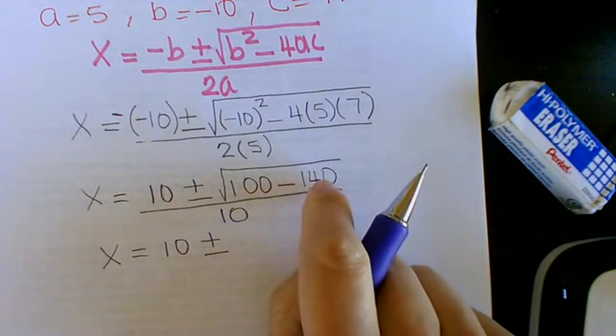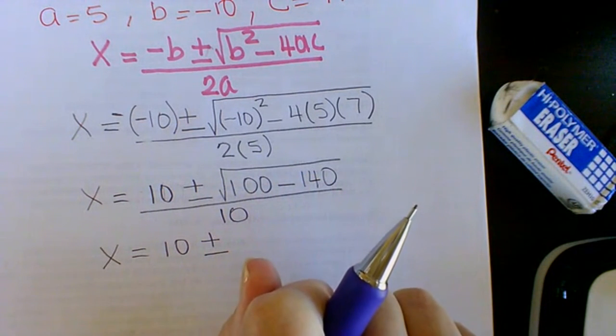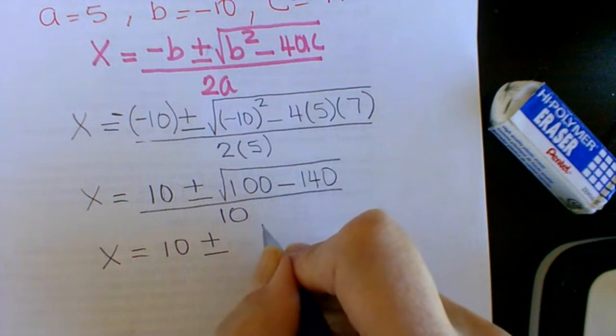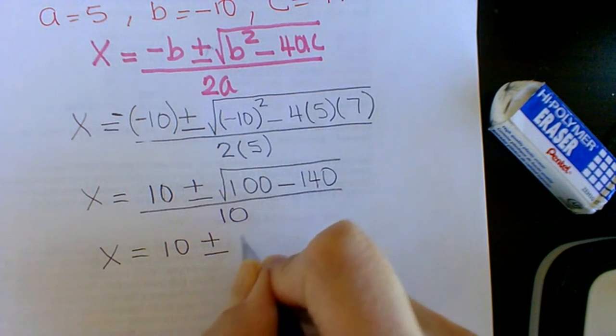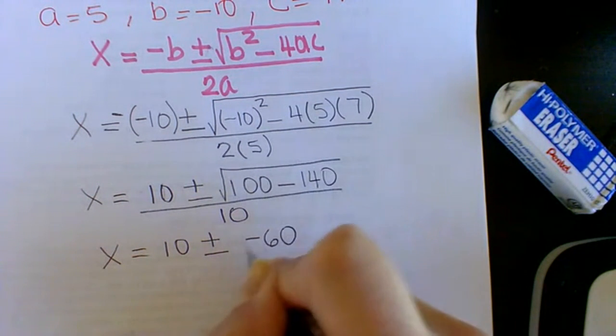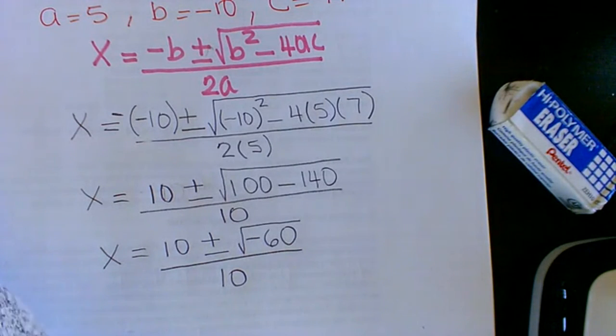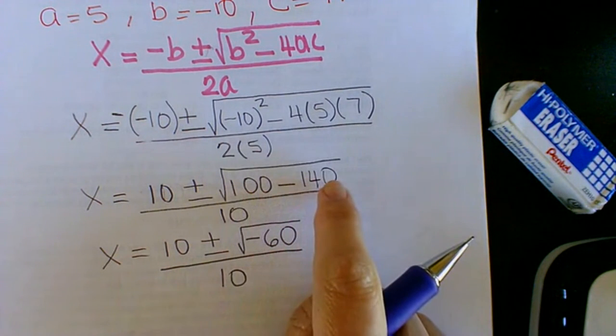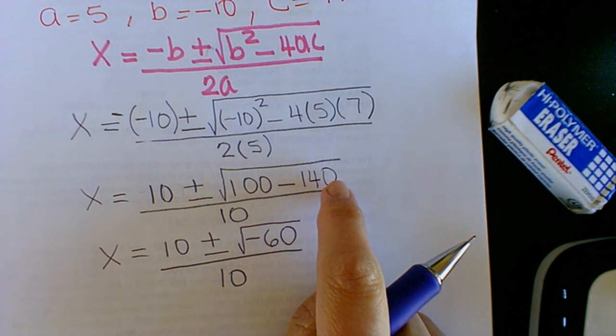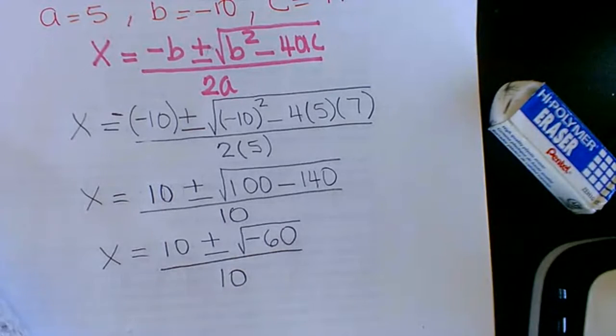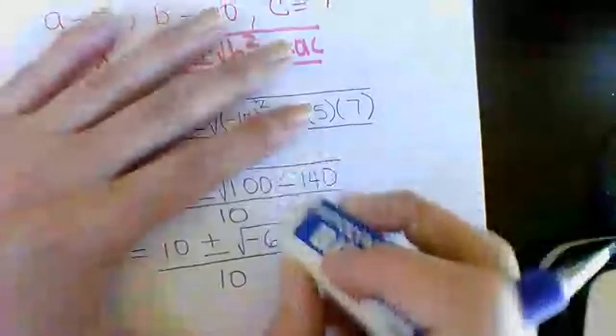Sadie, what is 100 minus 140? And now, hold on, negative 40. Go back here, Sadie, negative 40.